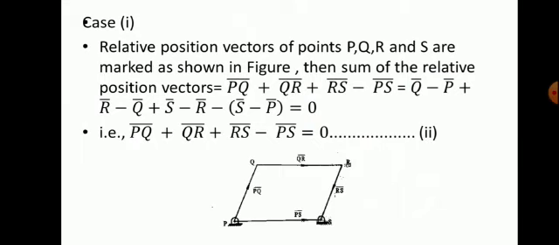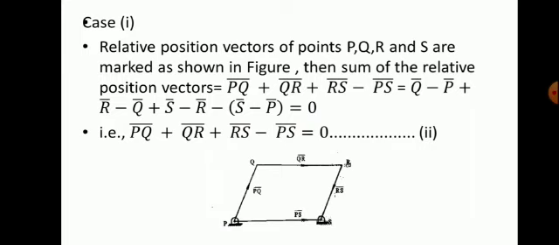Now you just substitute all the values. PQ is equal to Q minus P, plus QR is equal to R minus Q, plus RS is equal to S minus R, minus PS, where PS is equal to S minus P, is equal to 0.